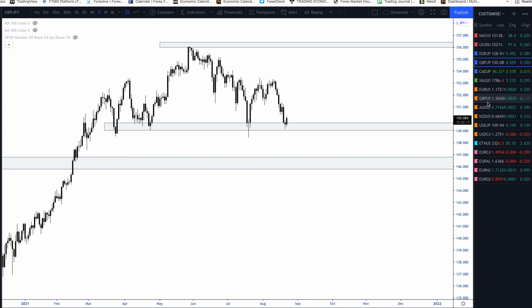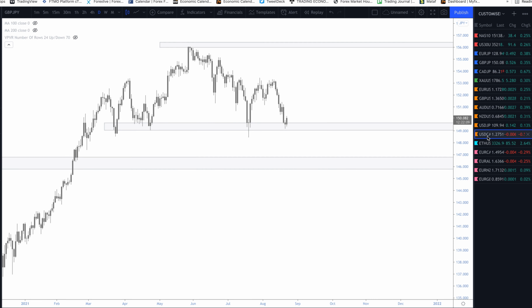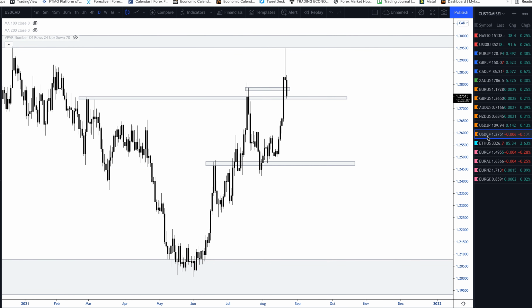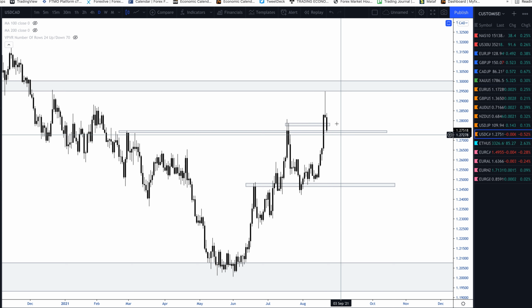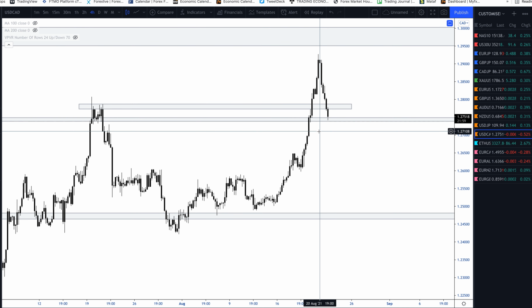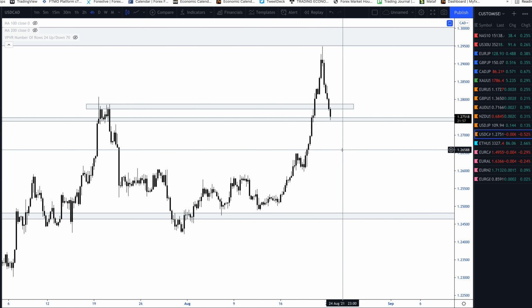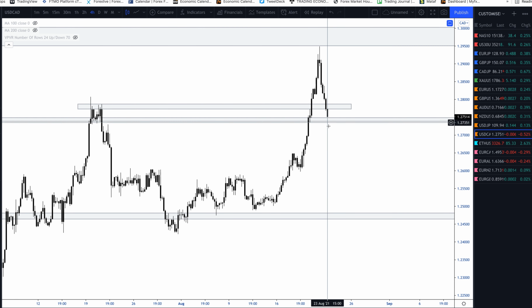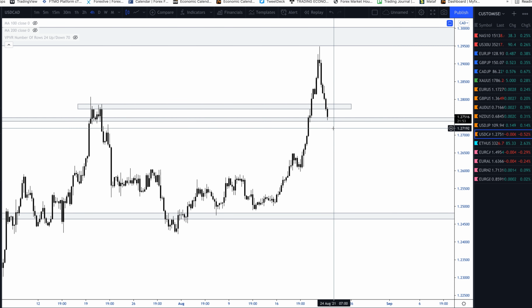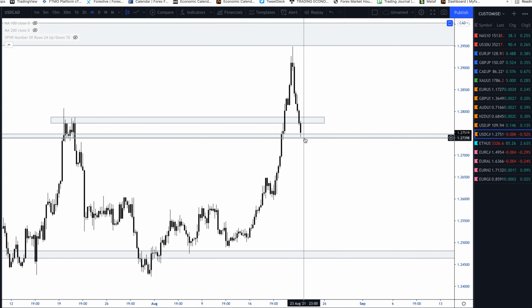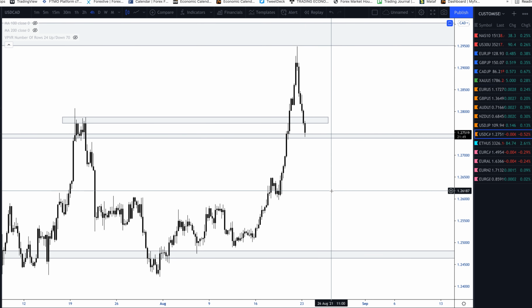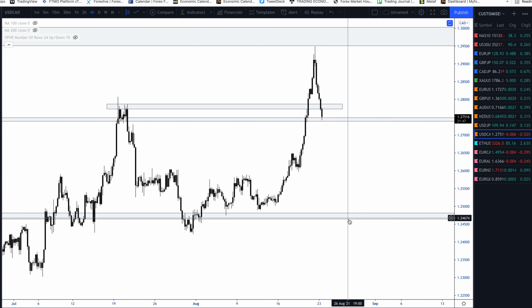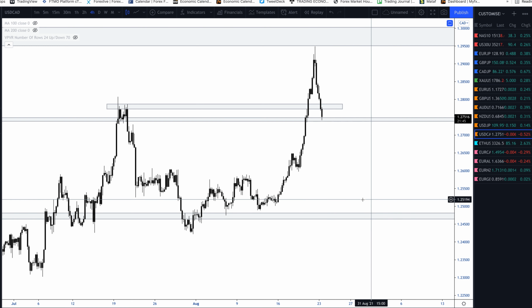Let's look at some US pairs, USD pairs. So we've got USD CAD, strong rejection over here. Interesting. So if price breaks below this level of support, I'd be looking at a short position and seeing if price could potentially reach this level of support.